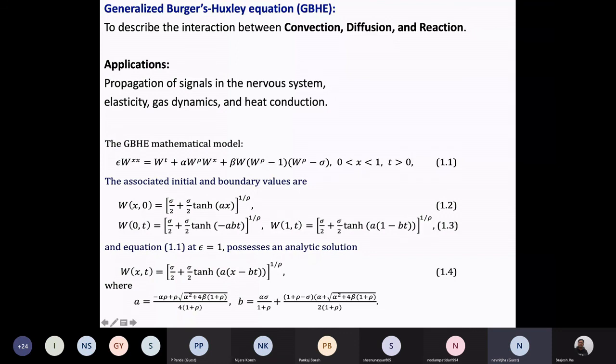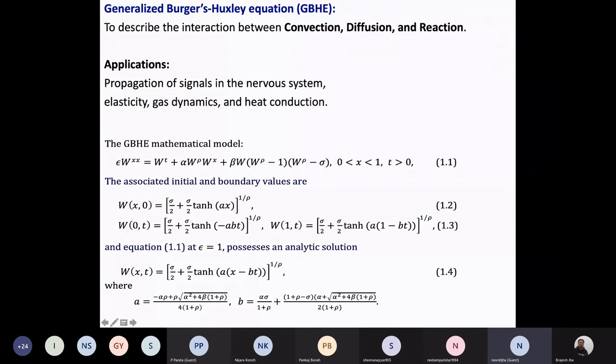The Burgers-Huxley equation is mathematically represented by epsilon W double derivative plus WT plus alpha, this W raised to the power rho, and so on.